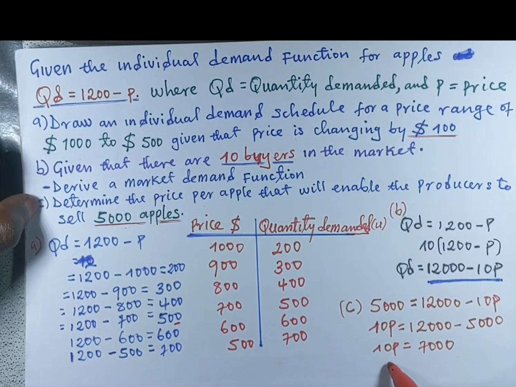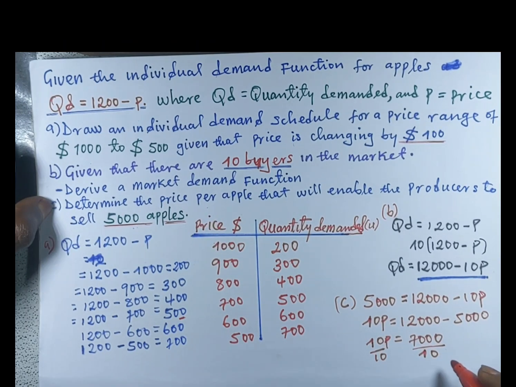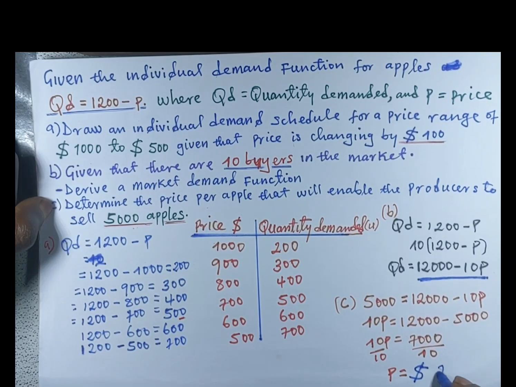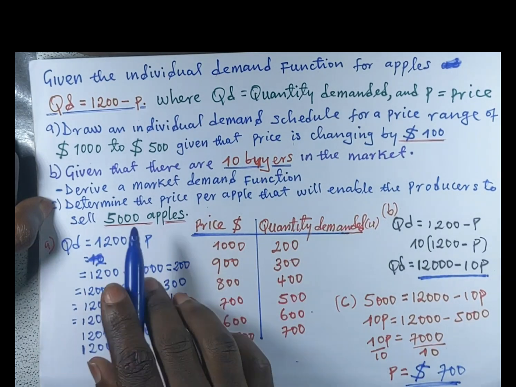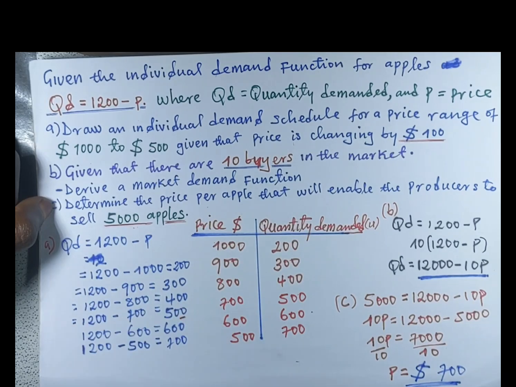And from here, we need to look for the value of P by dividing both sides by the coefficient of P. So we divide both sides by 10, and the price P will be equal to $700. So this is the price that will enable the producers to sell 5,000 apples.